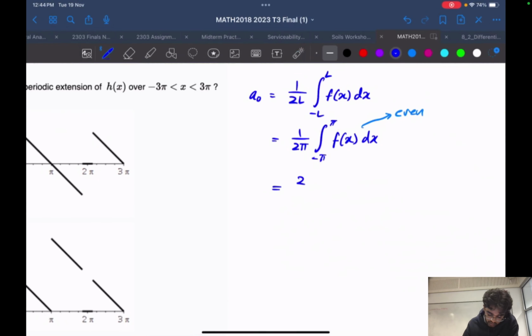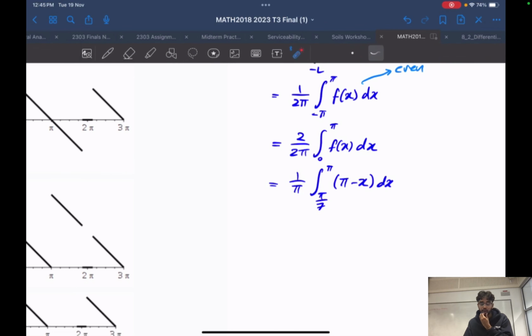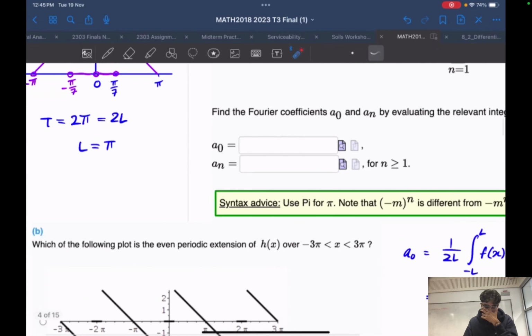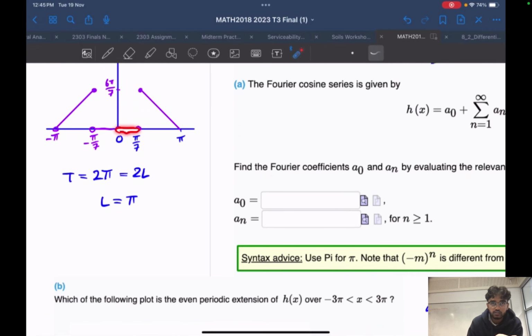So I'm going to say 2 over 2 pi from 0 to pi of f of x dx. Okay? So this is just equal to 1 over pi. And for our lower bound, I'm actually going to write pi on 7. Okay? And then I can write pi minus x dx. The reason why I write pi on 7 instead of 0 is because between 0 and pi on 7, our function is equal to 0.